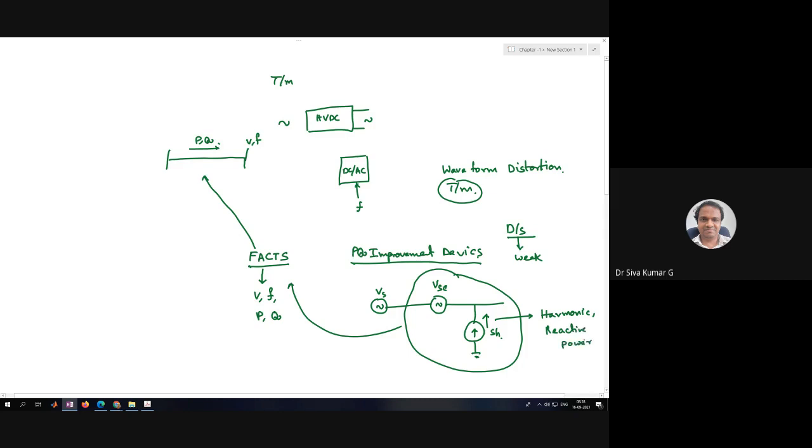Instead of drawing the harmonics this way, we are avoiding this. We are providing a bypass for the required amount of harmonic current to the load by this shunt device. We can say it is an active filter or a passive filter also.